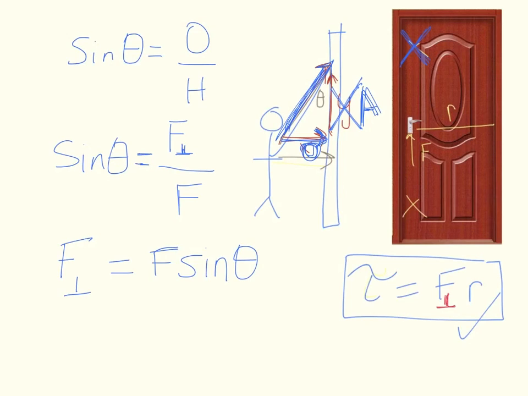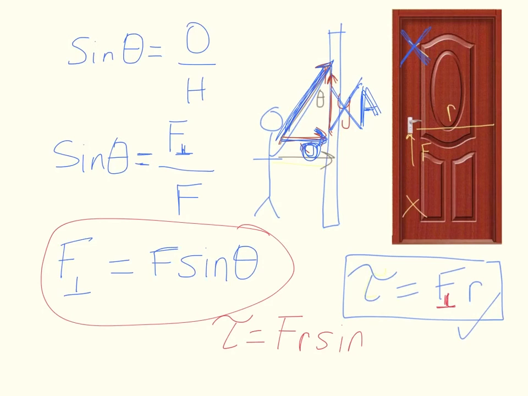But if you're not pushing head on and you've got a little bit of an angle, then you need to first find the perpendicular component to the door, which in our terms here is that opposite side to the angle between the force and the door. And it would always be that angle, unless they give you a different angle. So the equation would really become torque equals F r sine theta.